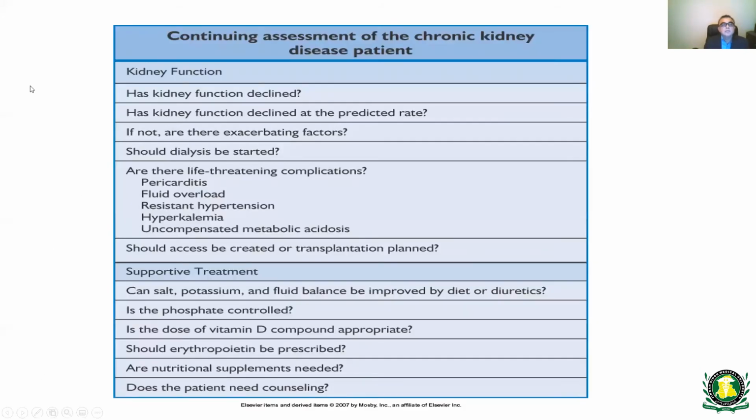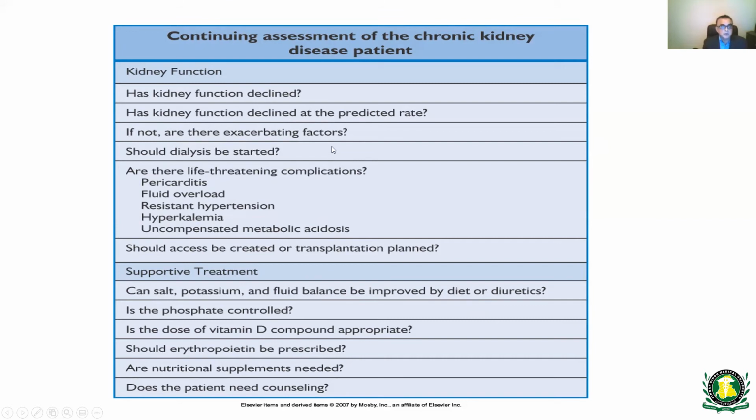And these are some of the things that I just talked about, asking the question, has kidney function declined? Kidney functions are declining at the predicted rate. If not, then what caused it?